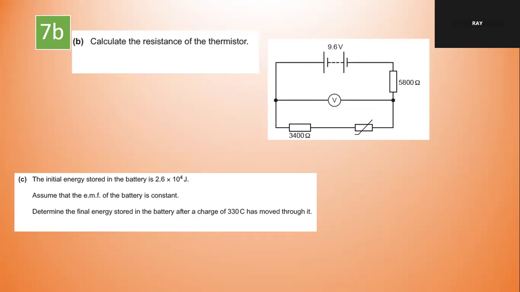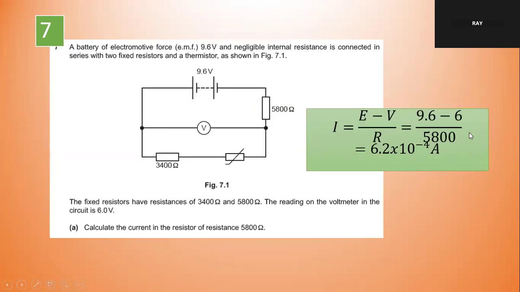Calculate the resistance of the thermistor. How am I going to do that? Okay, let me check. This one is a voltmeter with high resistance, so you don't have to worry. The current through here and the current through here is the same. We have just calculated. That's your current.